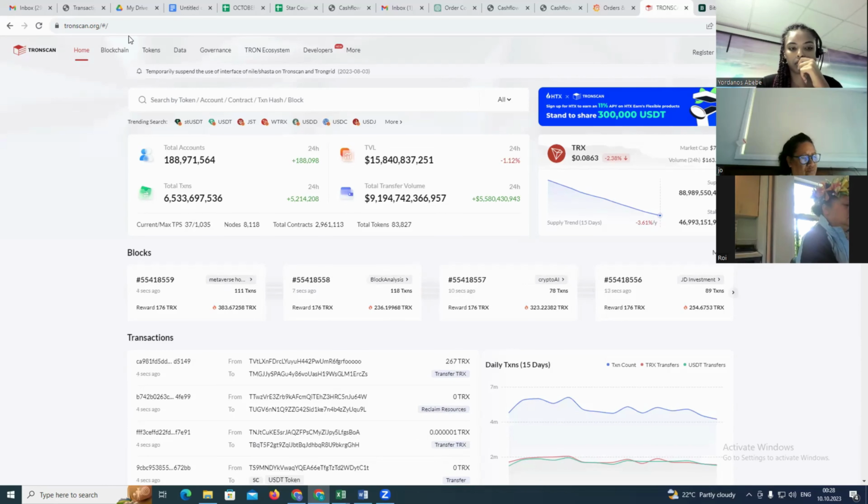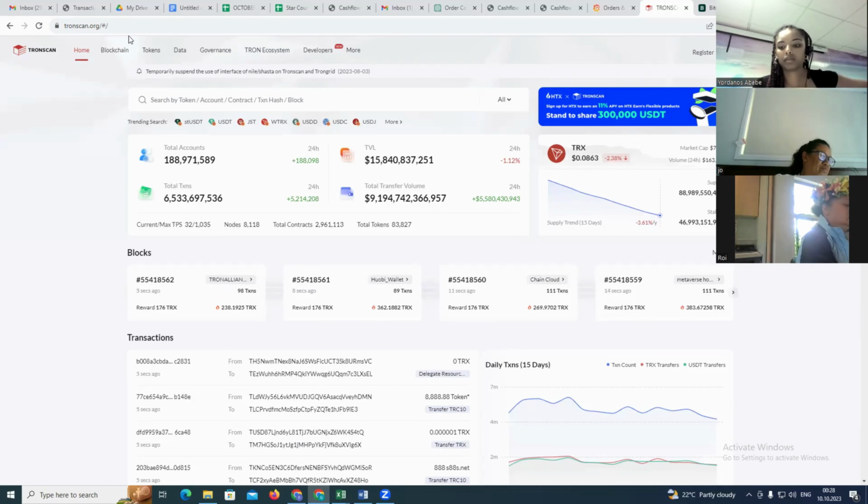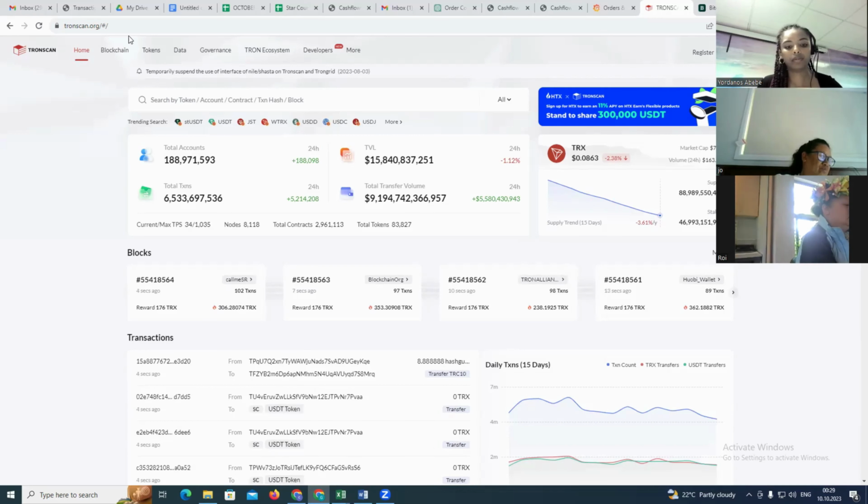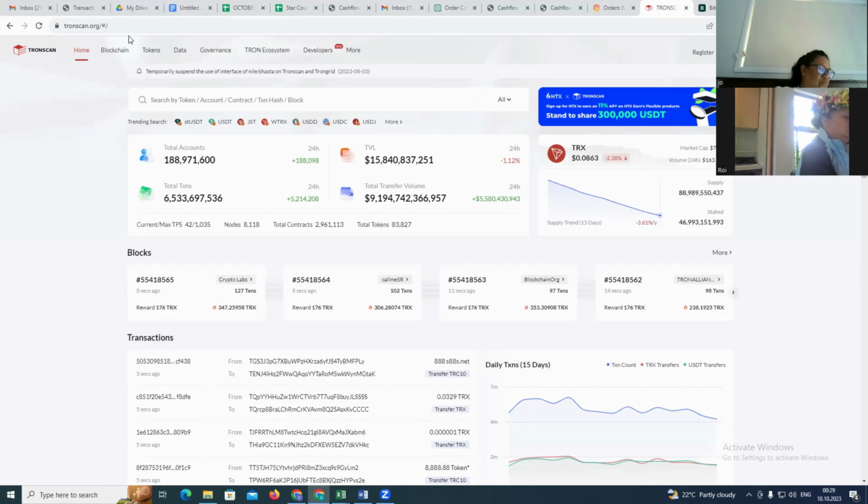If you provide an ERC20 wallet address, which is an Ethereum wallet address, you can track the transaction ID on Ethereum. If you provide a Bitcoin wallet address, you have to go to the blockchain explorer to track it. If you provide a TRC20 wallet address, you have to use Tron to track the transaction.